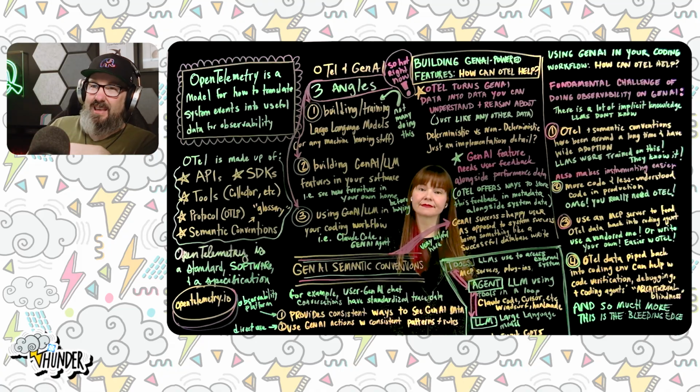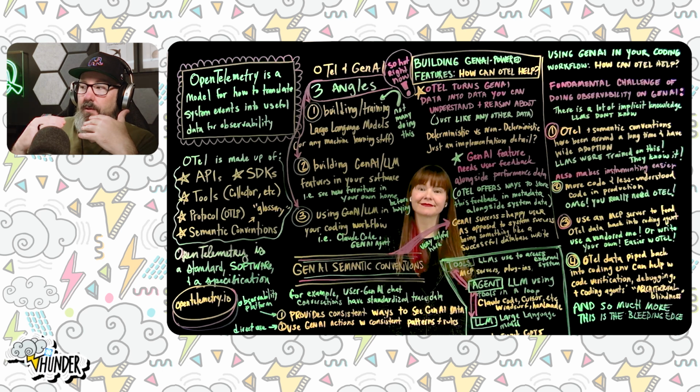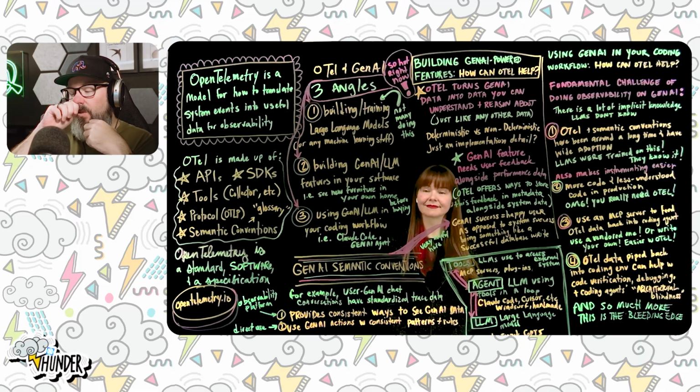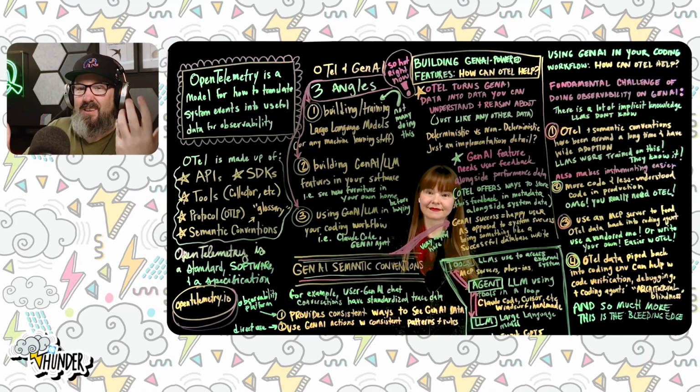The other thing that I find people are doing is they're building workflows using generative AI. And that can be everything from using Cursor or Claude Code to write code for you and help you understand, diagnose problems in your system. But it can also be like creating AI agents to do things like incident response or be part of your on-call practice.